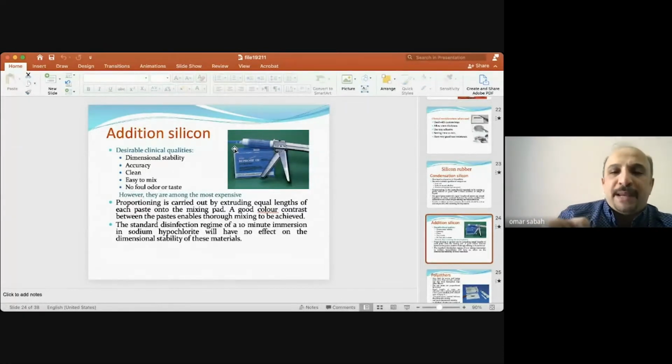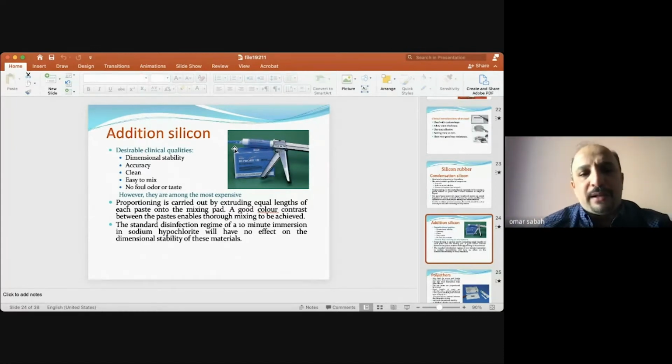I can use the same gun and the same material, but I remove the mixing tips, then push the materials onto the pad, and mix it with a spatula or anything I need, or a spoon, or for example the end of the mirror, to mix it.